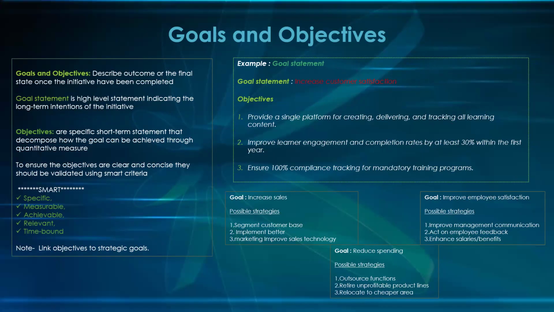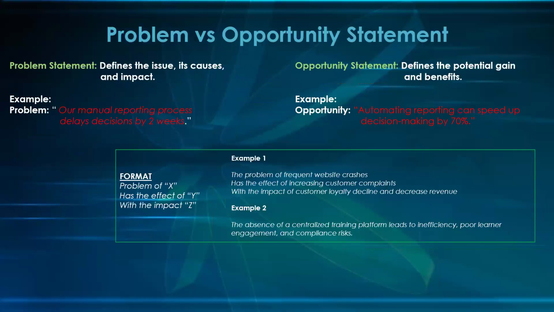Because that is what you measure. That is what you test. Am I correct? So your goals and your objective is what you test, what you measure to determine if you actually have resolved your problem or met the opportunity.